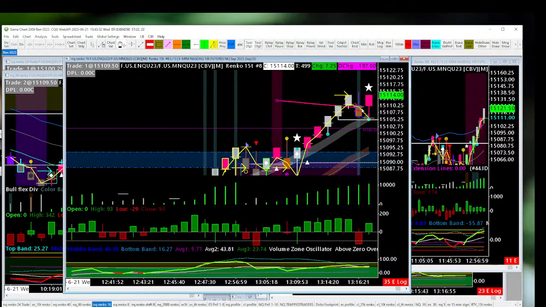Note how the POC dropped. So a lot more buyers and sellers, but a lot more trades happen down here at the low compared to anywhere else in the bar. And that level is lower than where it was in the previous bar. It's lower than where it was in the last 3 bars.